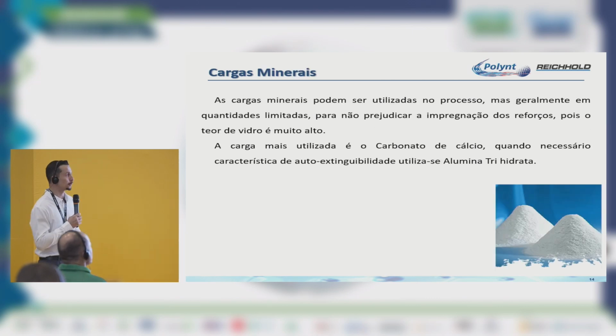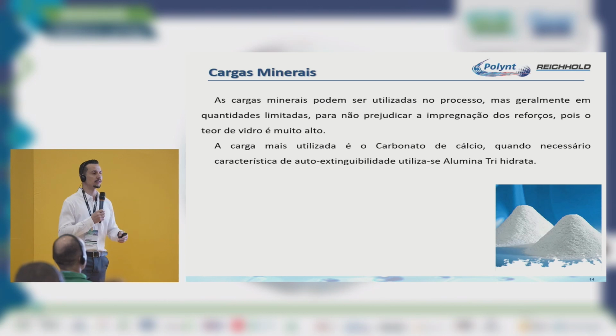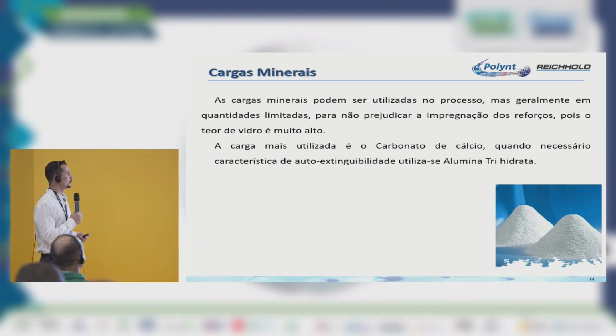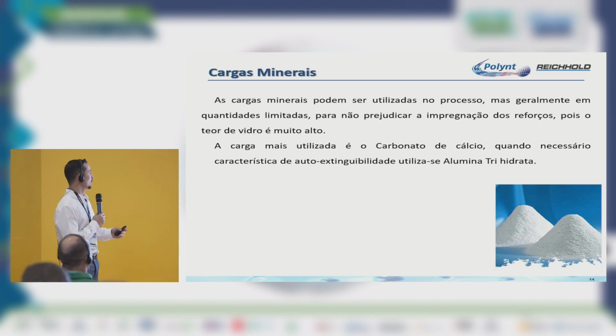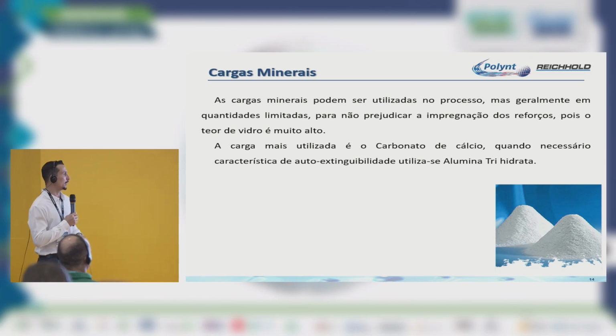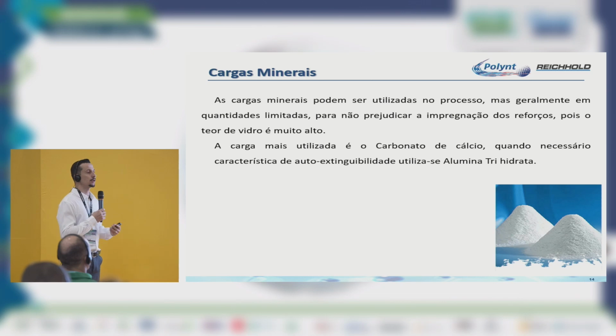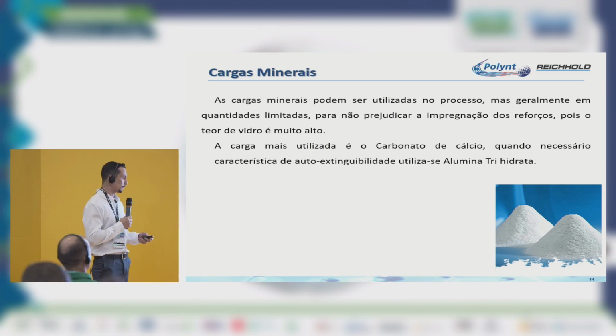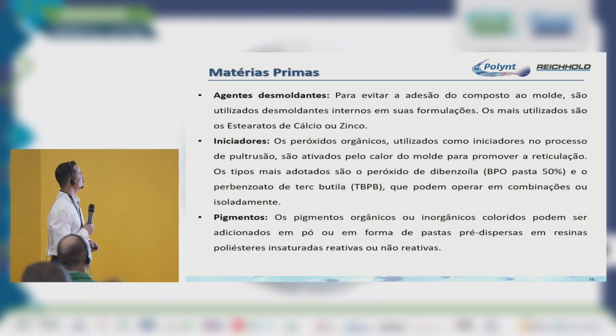The mineral fillers are widely used in the process, usually in limited quantities, because otherwise you do not have a good impregnation of the reinforcement. It can go up to 75% filler. The calcium carbonate fillers are the most widely used, and you also need a characteristic of auto or self-extinguishability.